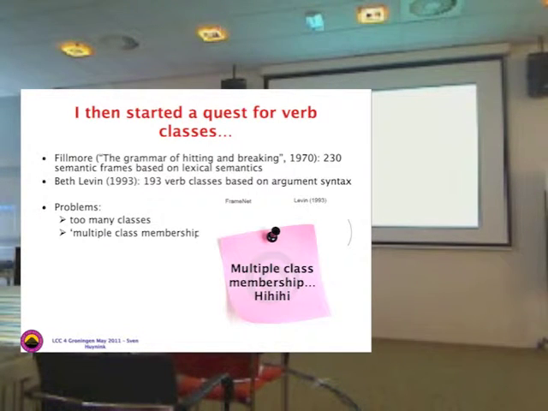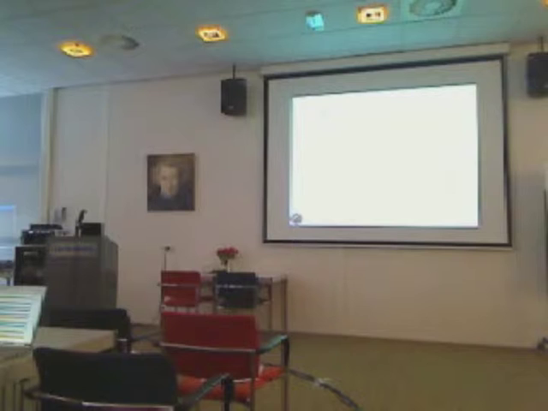The amounts were quite large. I didn't know what to do with it, and they also had multiple class membership. So a verb wasn't only in one class, but could be in another class too. Well, that didn't suit my wishes, so I threw that up.